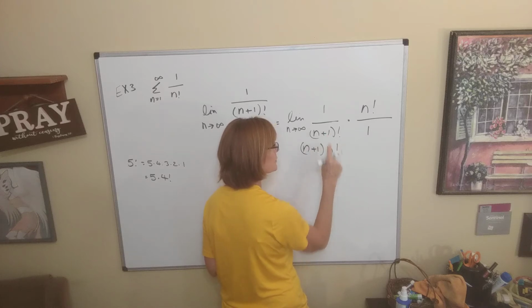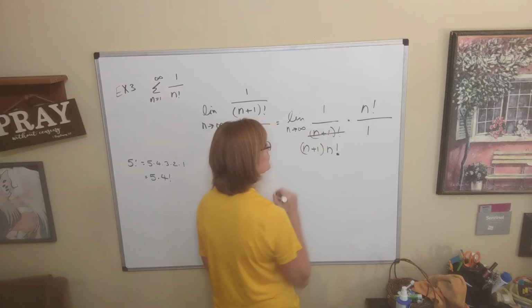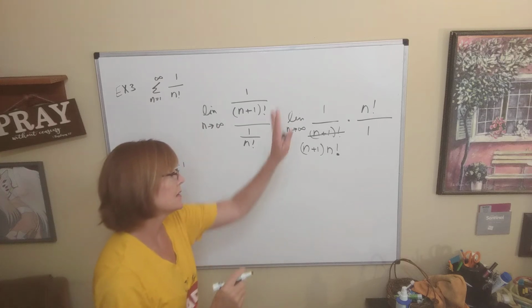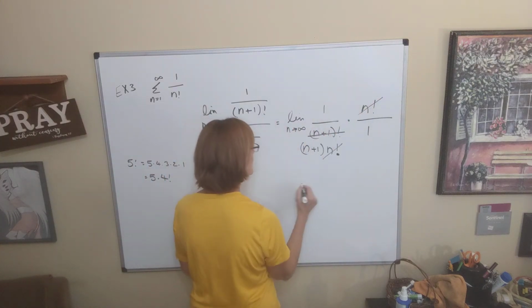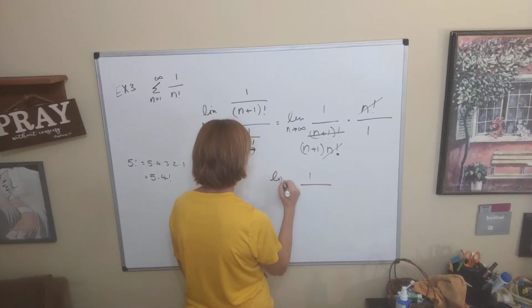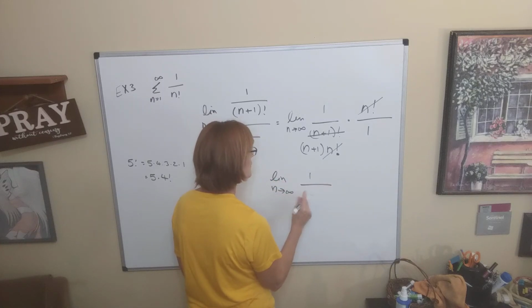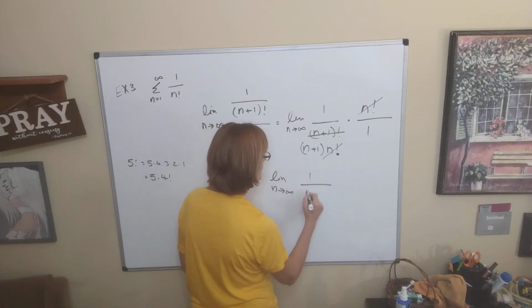If I write it like that, it's easy to see these will cancel. So what I'm left with is 1 in the numerator over n plus 1.